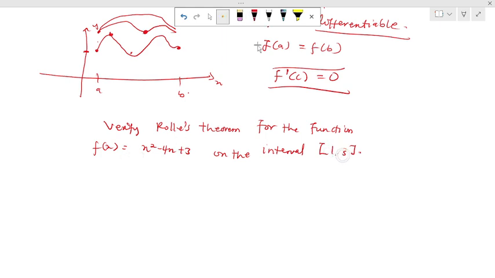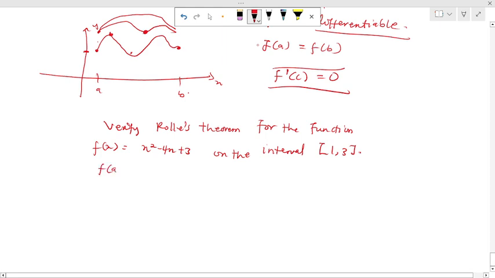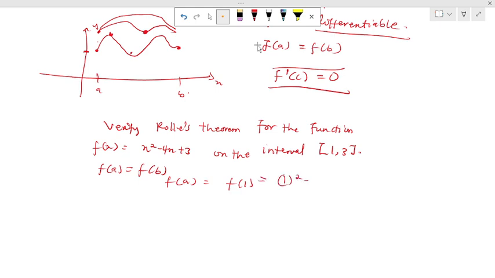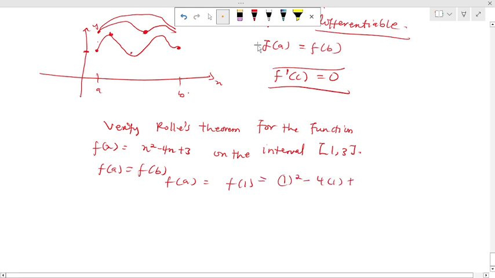This is my a, this is my b, that's the endpoints. For Rolle's theorem, you first test the endpoints: f of a should be equal to f of b. So what is f of a? I'm going to have f of 1, from here my a is 1. That will give me 1 squared minus 4 multiplied by 1 plus 3, which is negative 3 plus 3, which is 0.